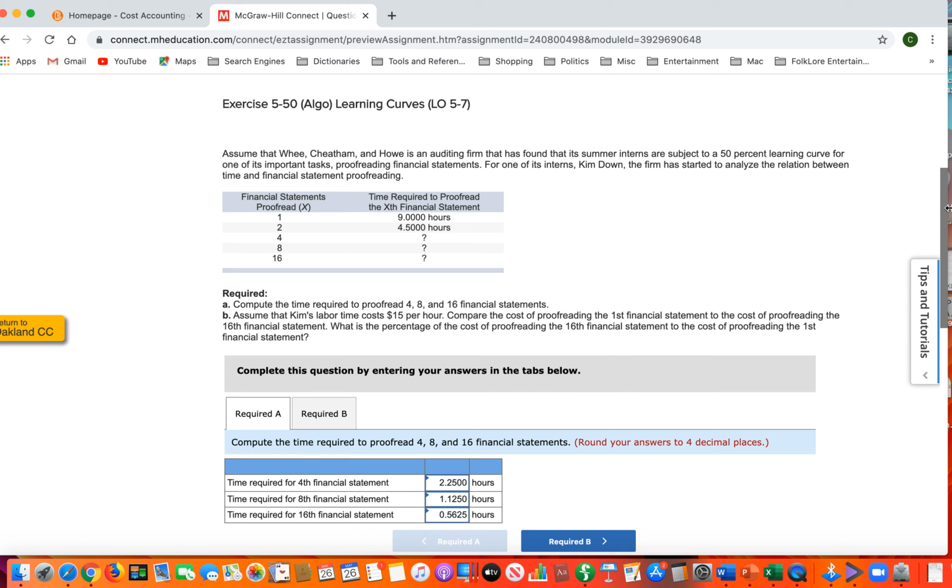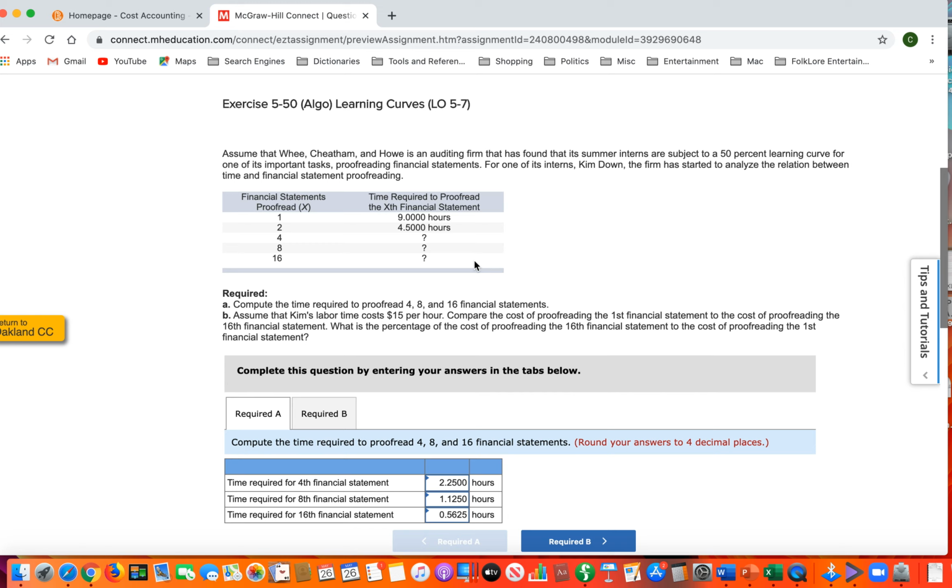So if you take 15 times 9 hours, the first financial statement proofreading is $135. By the time you did the 16th one, it's 0.5625 hours times 15, which is $8.44. So that's the 16th one, right?